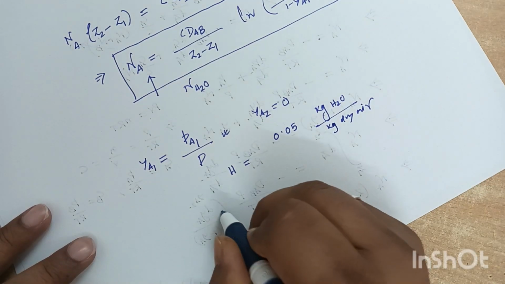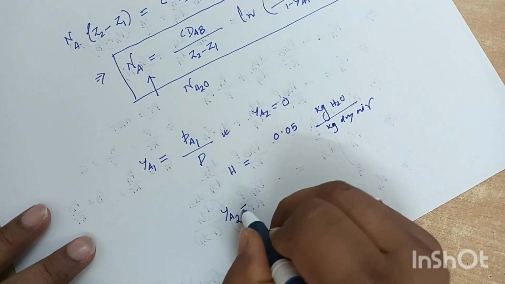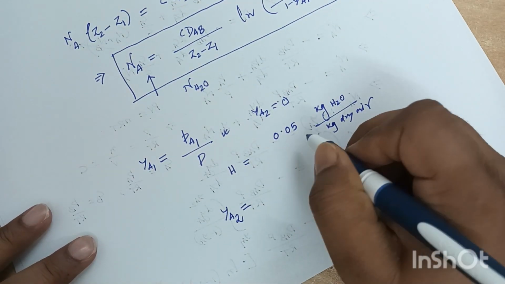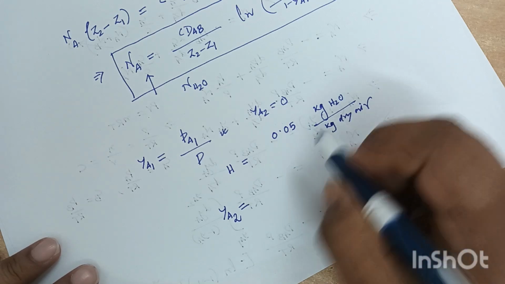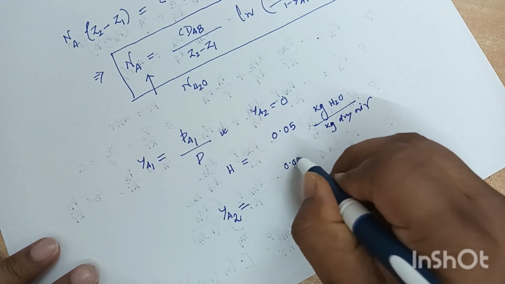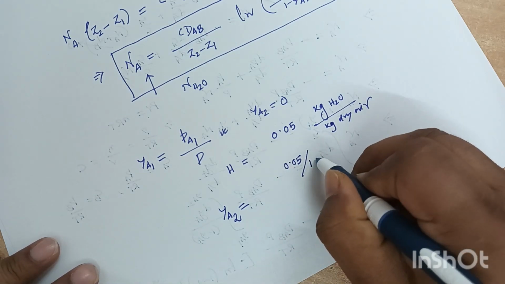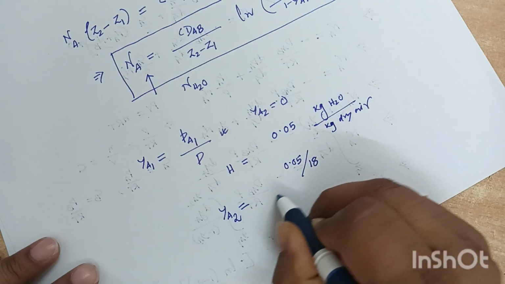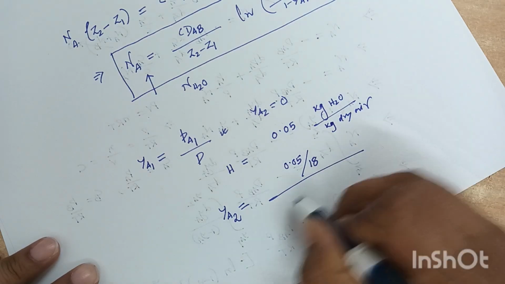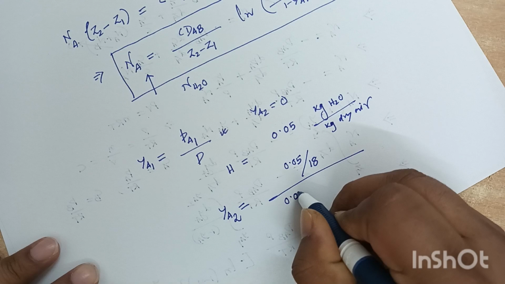And how can you find out the value of ya2? It's simple. Since you know the amount of water vapor present in air, you can convert it into moles by dividing by the molecular weight of water, which is 18. This should be divided by the total number of moles.